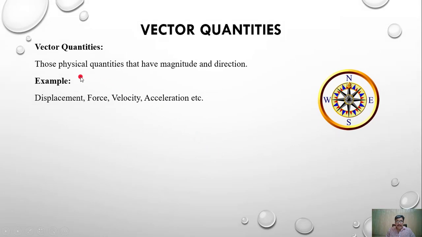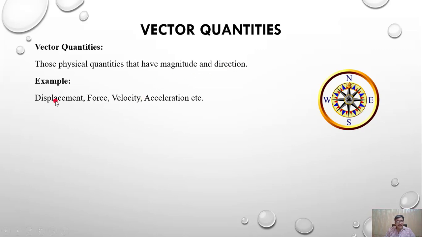Vector quantities. Vector quantities are those physical quantities that have magnitude and direction. In scalar quantities we have only magnitude, but in vector quantities we have magnitude as well as direction. Such quantities are known as vector quantities.